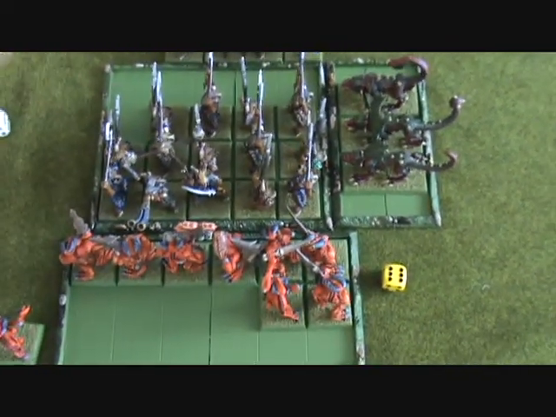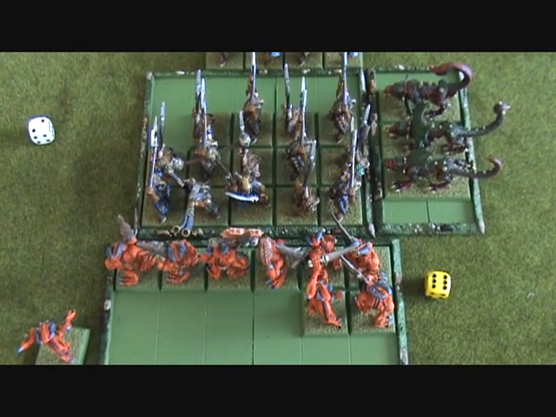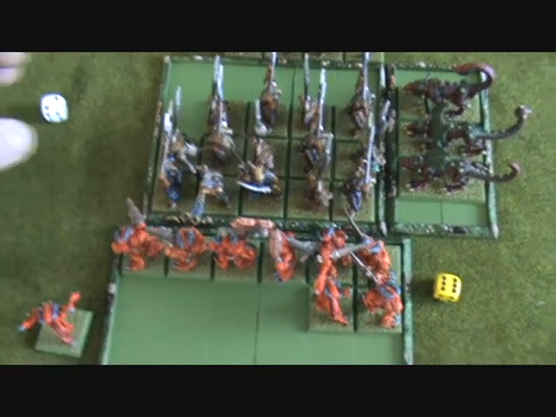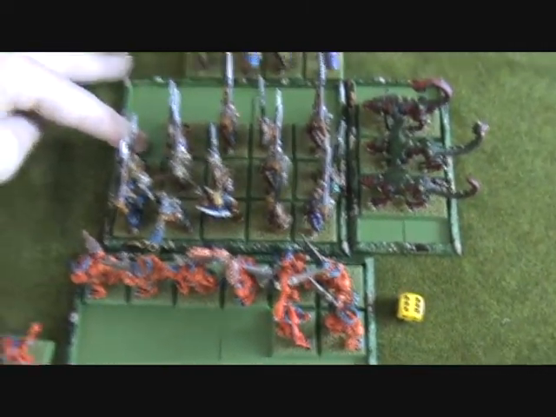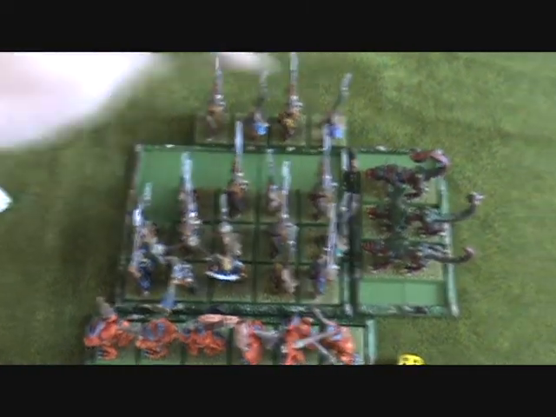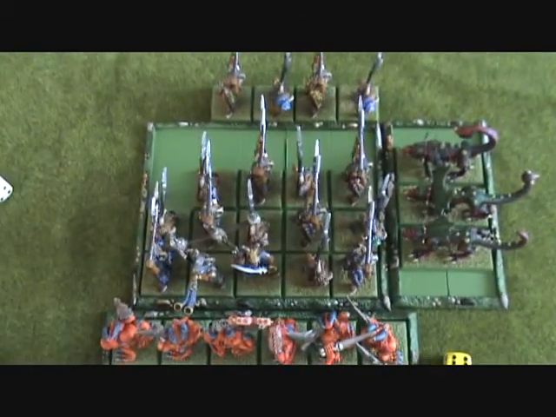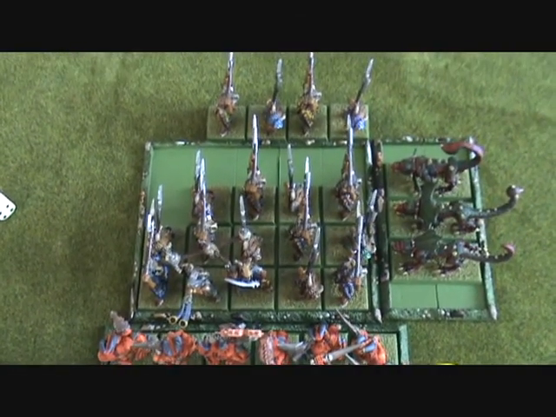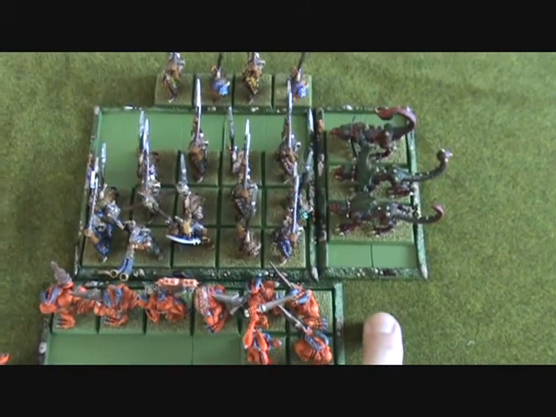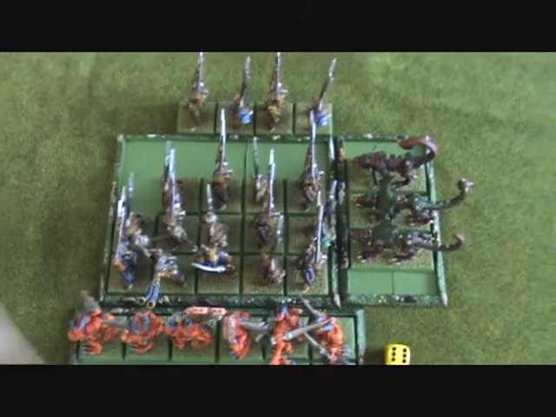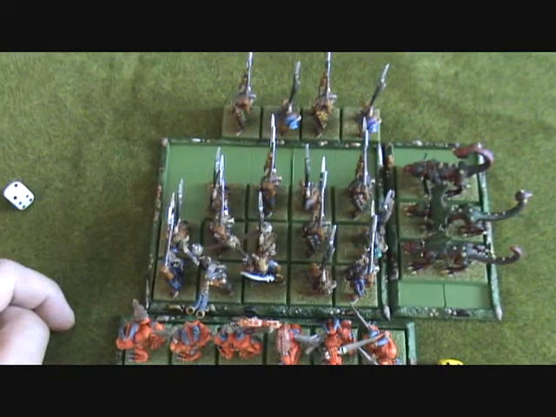So this side lost by a bigger margin there. They lost by 4. But note that had they had their static combat resolution and not been charged in the flank, this could have ended up being a draw. This would have gone down to a 5, and then they would have had their rank.